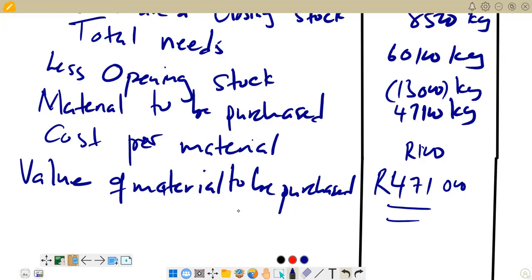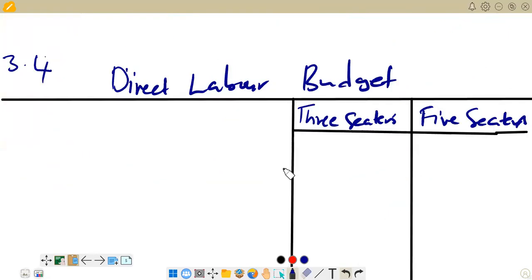So we can go and see the next budget that we have in the question. Now we have the direct labor budget. On the direct labor budget, we are going to calculate the total direct labor cost. To calculate it, we need to know the units to be produced and the direct labor time per unit, and we get the total hours.